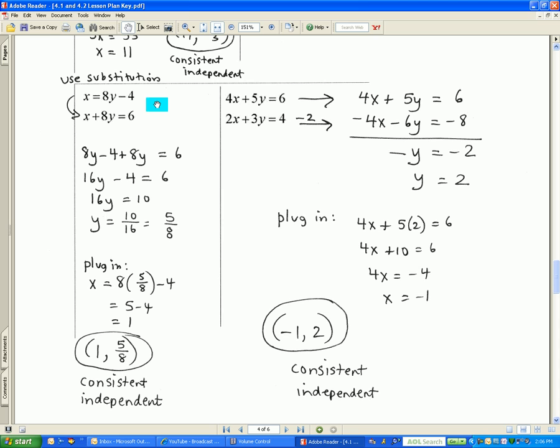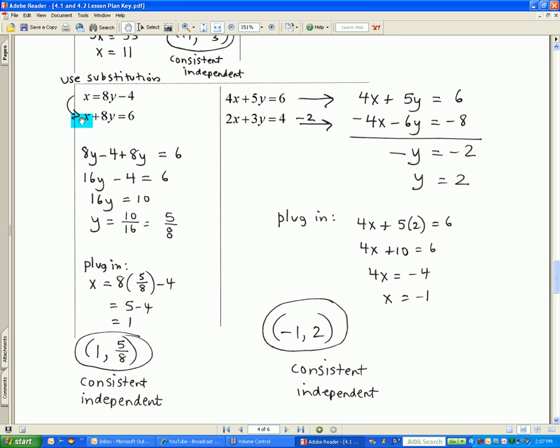This system, x equals 8y minus 4, and x plus 8y equals 6. Substitution is calling your name because the top equation has the letter x alone. X can be replaced with 8y minus 4. So that's exactly what I do.